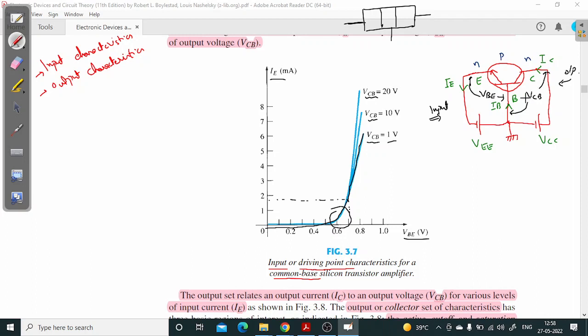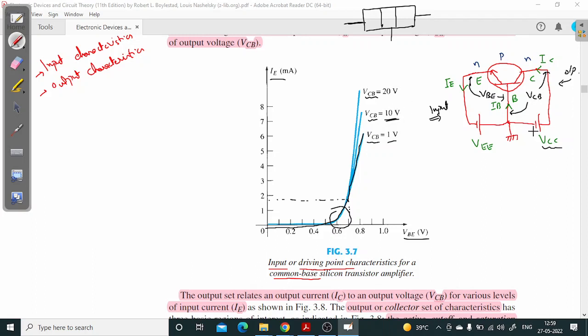When the output voltage rises and becomes higher, that is, if we increase the value of VCC, then VCB will increase definitely. So let's say 10 volts. Earlier VCC was lower, so VCB was 1 volt. Now we increase VCC, so VCB became 10 volts.